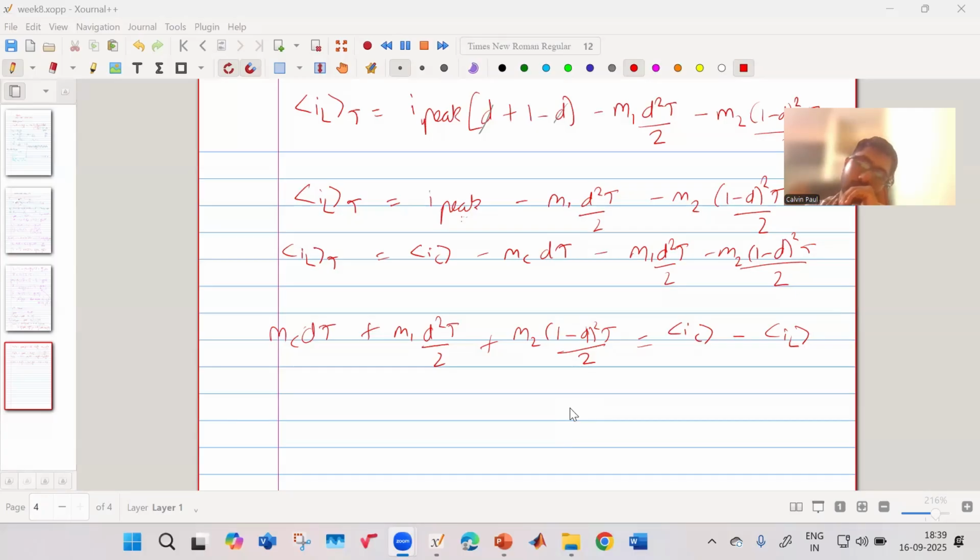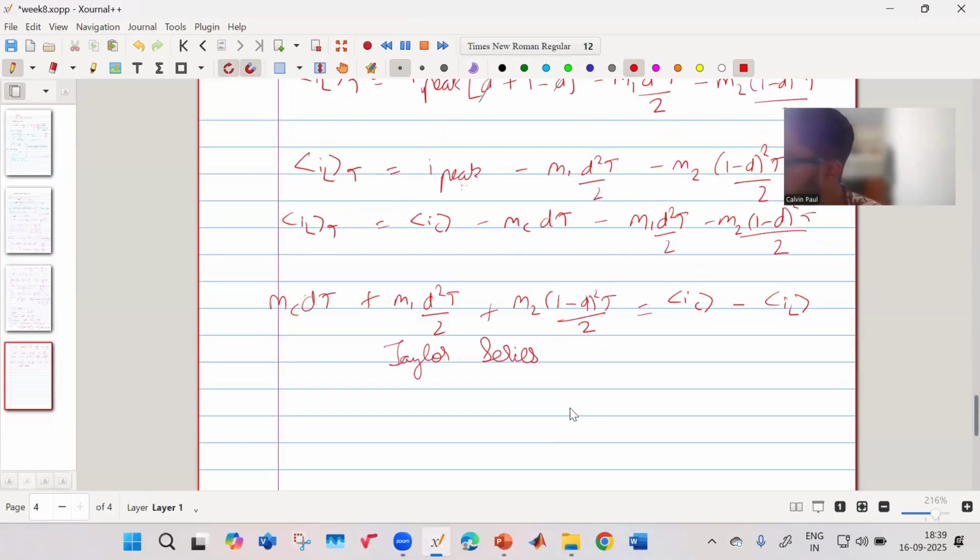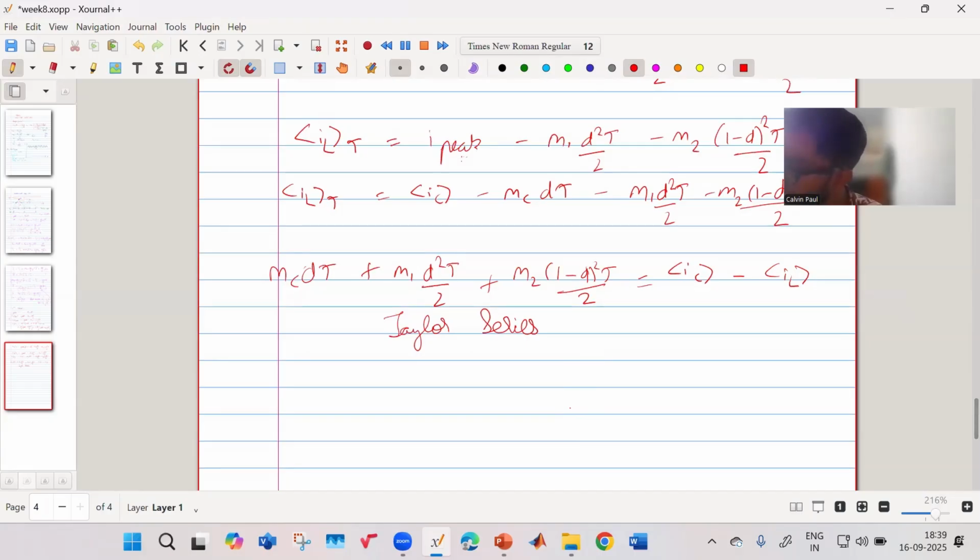Okay, so what we would do, as you have said, is Taylor series. So for Taylor series, what would be a better way? These are single terms where you can just directly put the perturbation. So we will write IC perturb minus IL perturb.